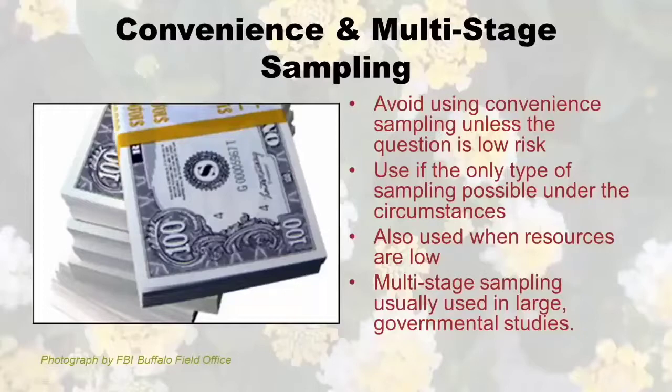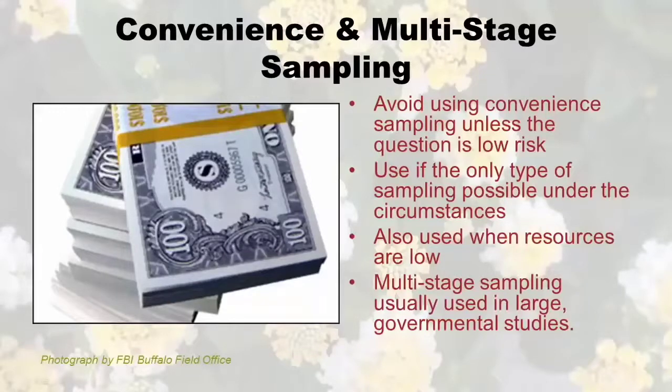When you have situations where you have patients with a very rare disease, probably convenience sampling from your rare disease clinic is reasonable. It's also used when resources are low. And so those are a few good reasons to try to use convenience sampling. It's really something that you want to use only if it's the thing you're stuck with. It's much better to look towards these other sampling approaches I described.